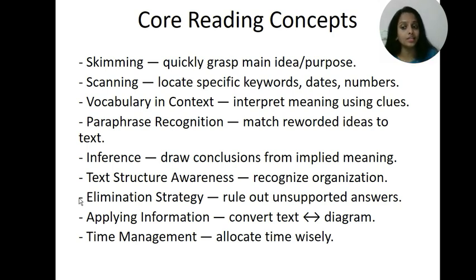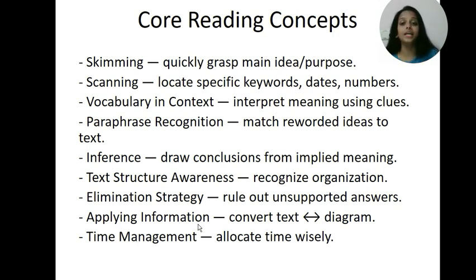And the next comes elimination strategy. This is intentionally ruling out answer choices which are impossible or unsupported, or even contradicted by the text. So, this improves accuracy because it focuses your attention on fewer plausible choices. So, you have to follow this elimination strategy too.